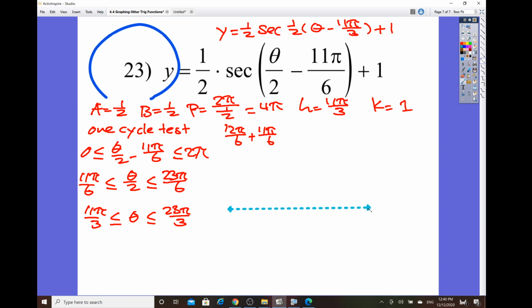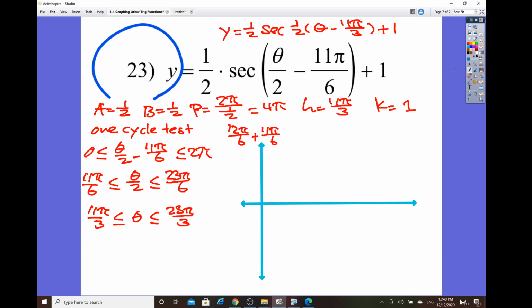This time you can just customize your own scale. Okay, so going back to the solid line here. Here's 11 pi over 3 all the way to 23 pi over 3.